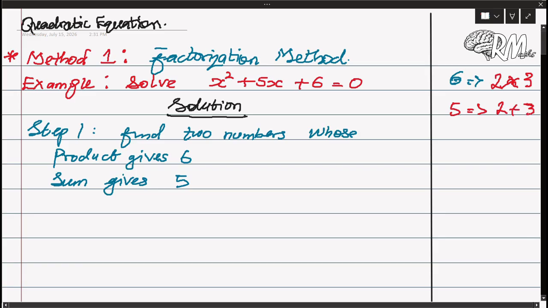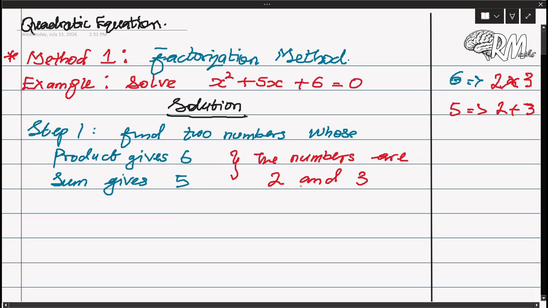So the numbers are 2 and 3. When we find the product of these 2 numbers, it gives us 6, and when we find the sum, that is the addition of these 2 numbers, it gives us 5.